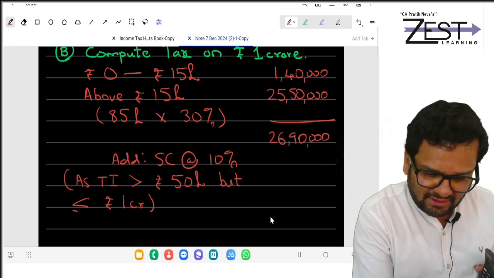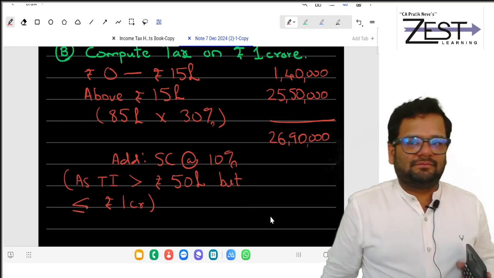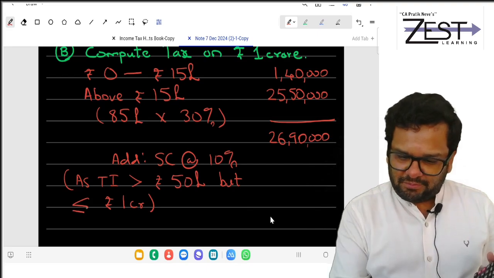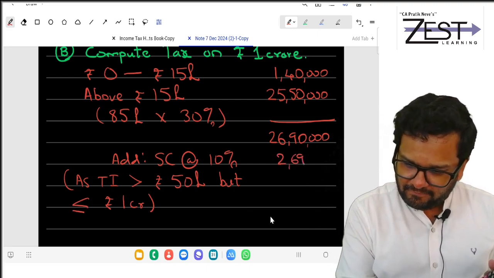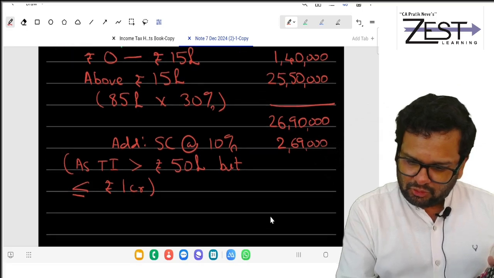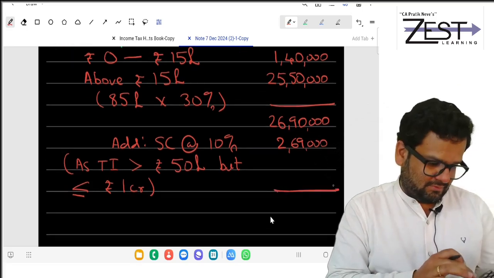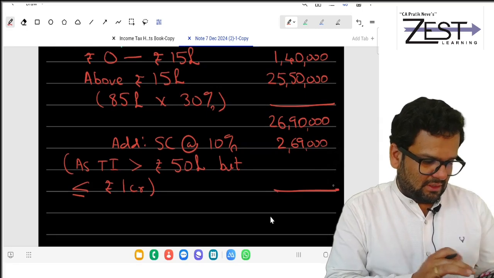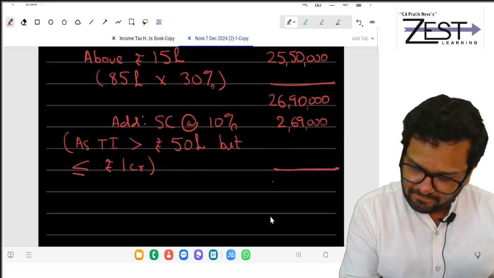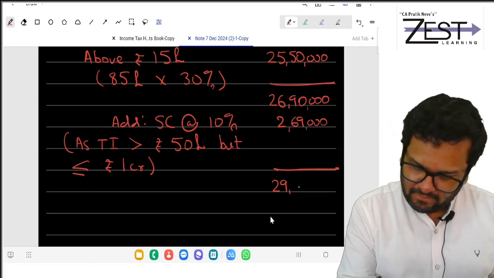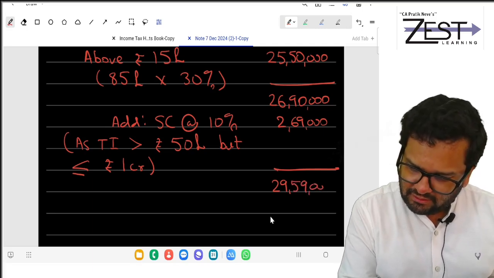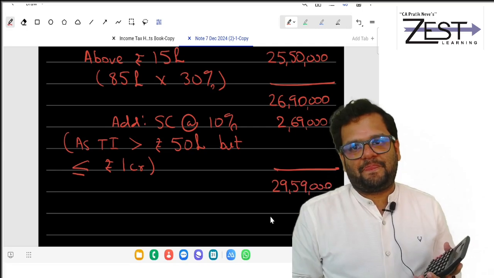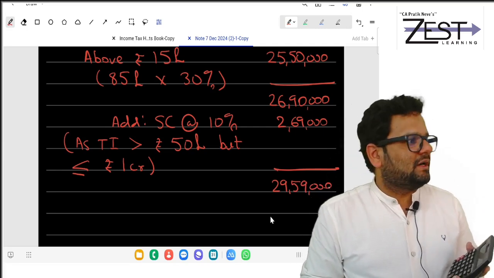When I say less than, it is less than or equal. So what is 10%? 2,69,000. 29 lakh 59,000. So far, so good.